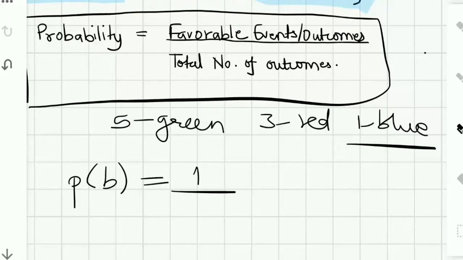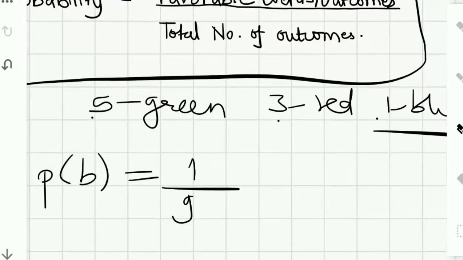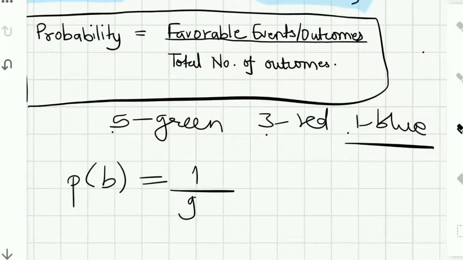When I put my hand inside the bag, it can be 5 plus 3 plus 1. Any one of the 9 balls can come out, right? So the total number of events is 9. 9 balls can come out of that bag. So the probability that a blue ball will come out is 1 by 9.